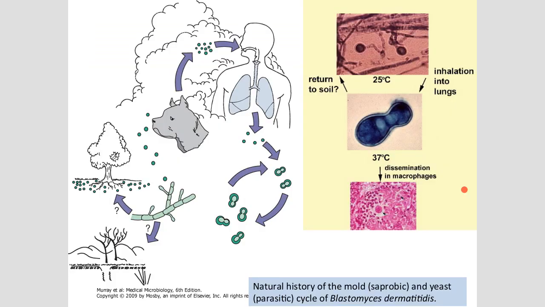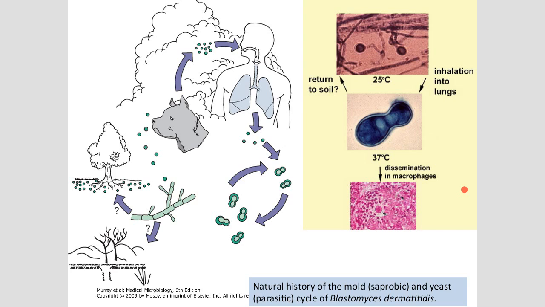So that's the Chicago part, because we do have trees, and the molds which are there over here, and also are taken up by humans and animals. In this case, it's also a disease for pets like dogs, and then it's going to go into the respiratory tract, and then can be disseminated.